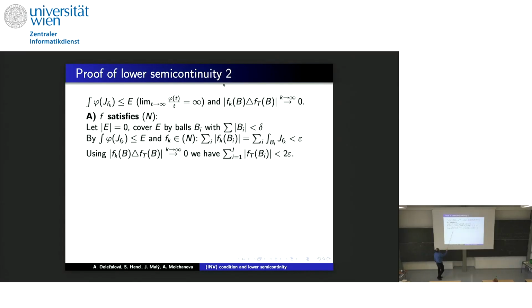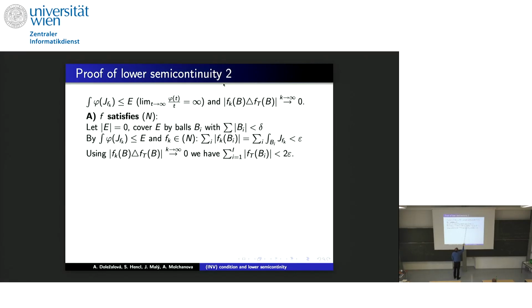So of course, assume that you have a set of measure 0. You would like to see that the image has 0 measure. You cover the set by balls that have small volume. You know the equi-integrability of the Jacobian, and you know that f_k satisfies the N condition.